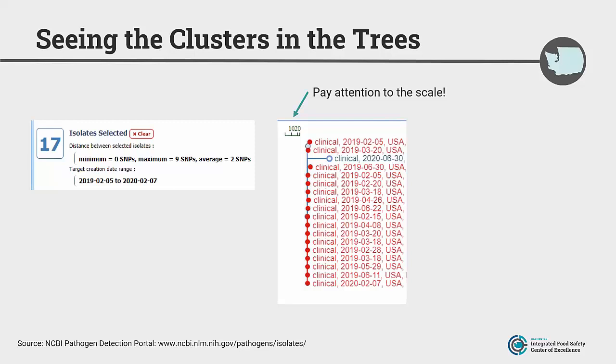If we look at our tree scale, this is measured in SNPs, and you can see that that isolate, even though it falls within the clade with your other isolates, is actually 20 to 30 SNPs different from your other ones. So taking that combined with the temporal difference would make me less concerned that this is a highly related organism.